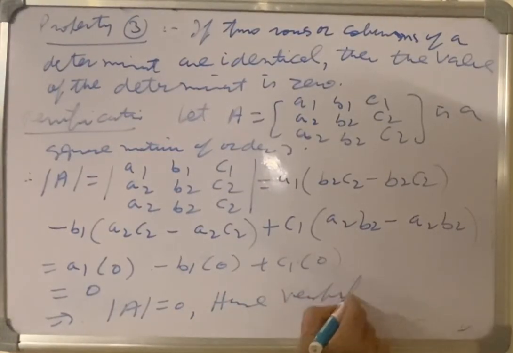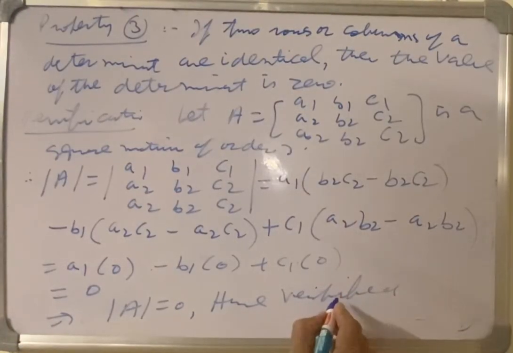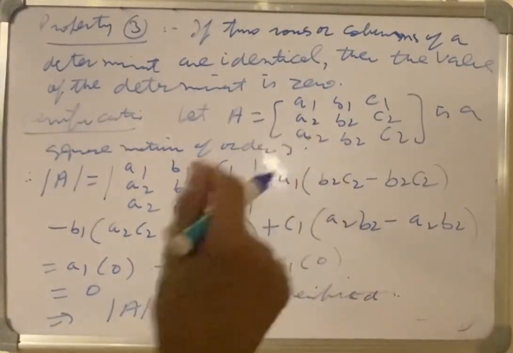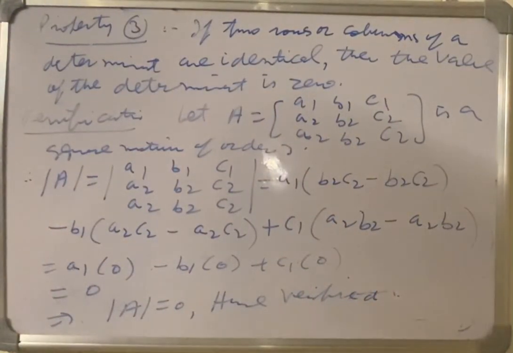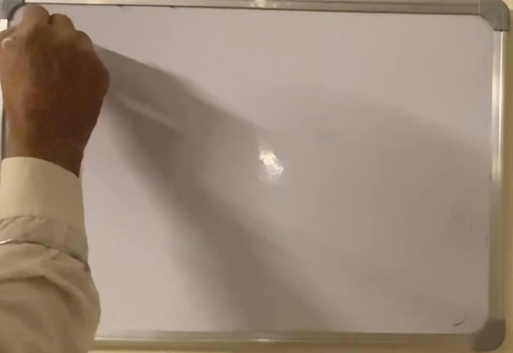So we have verified that if two rows or columns of a determinant are identical, then the value of the determinant is 0. Fourth property of determinant.